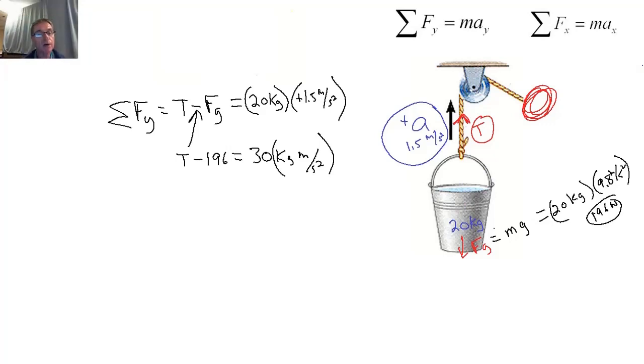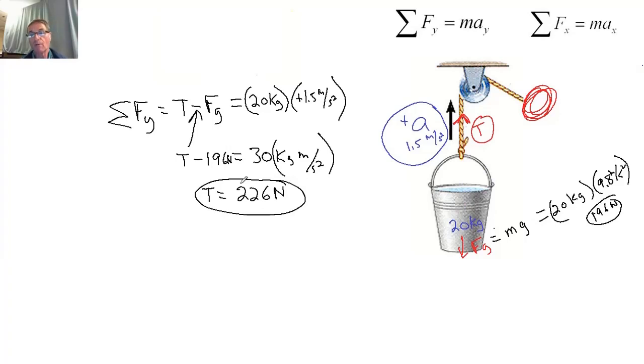If I add 196 newtons to each side, I get T equal to 226 newtons. That is the tension that exists in our cable.